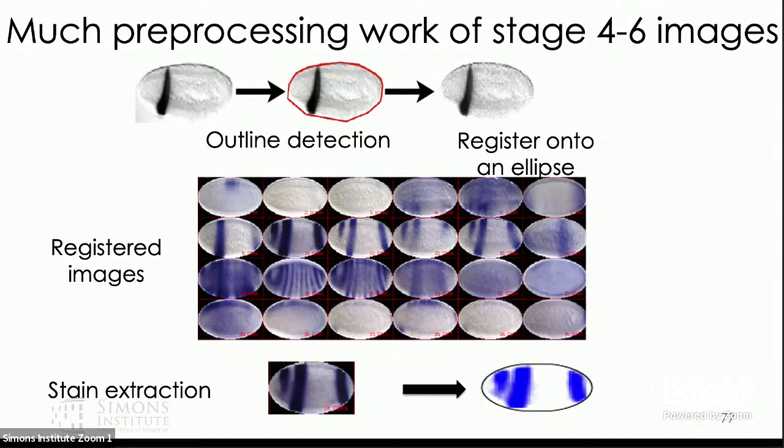It's not all very nice. Actually, the embryo is 3D, right? It has to be facing the right way toward the microscope, otherwise it's not right. So there's a lot of manual annotation. The little guy has to lie the right way when the photo is shot.